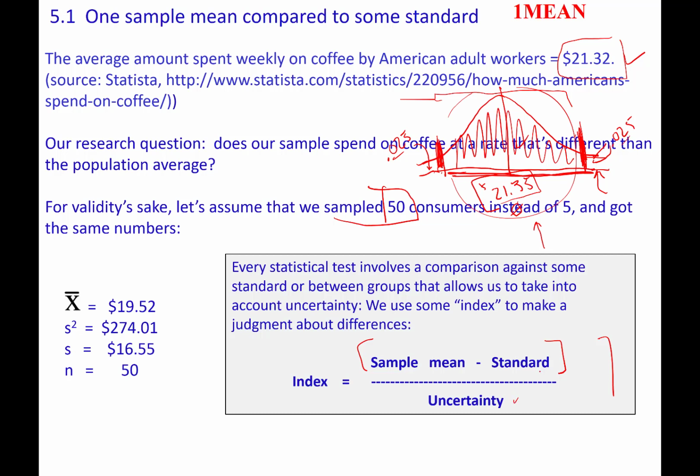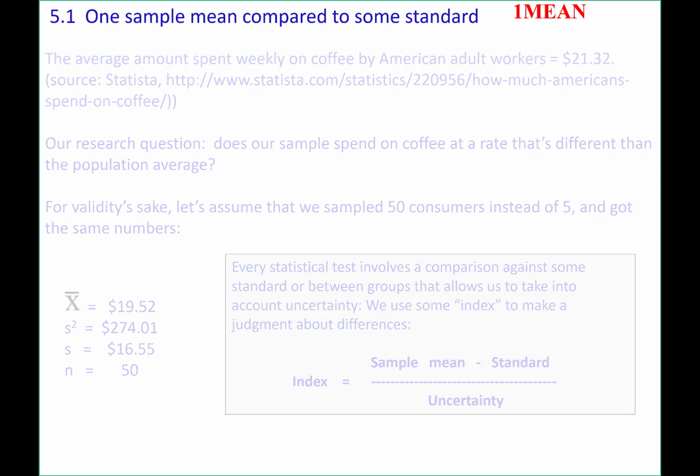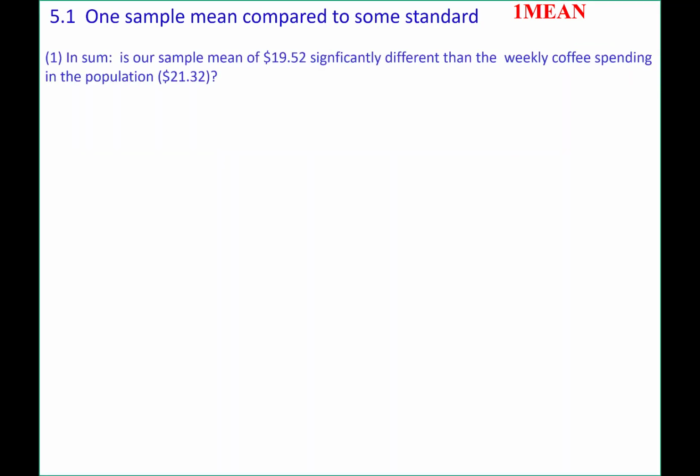Uncertainty is represented by variance and standard deviation, or what's called the standard error of the mean, which is ultimately the index we use here. The larger the uncertainty, the more difficult time you're going to have rejecting the null hypothesis. More on that later.